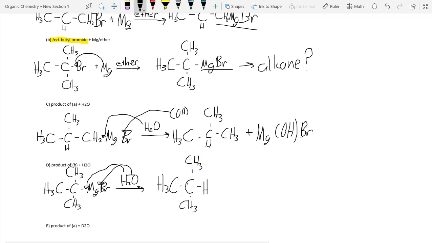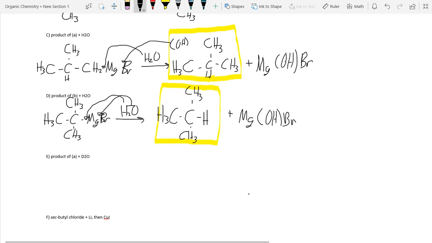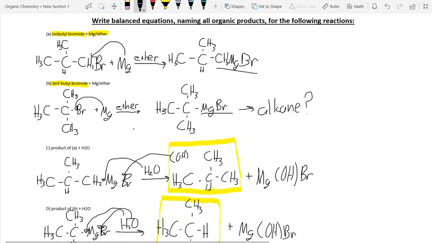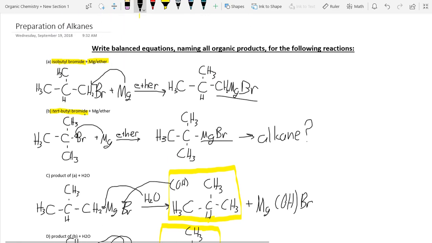And if you look, this product is the same as this one. They're just the same thing all over again. You made the same product with two different geometric shapes of a butane. And your hydroxide just goes with MgBr. So that's the hydrolysis of two different butyl bromides with Grignard.